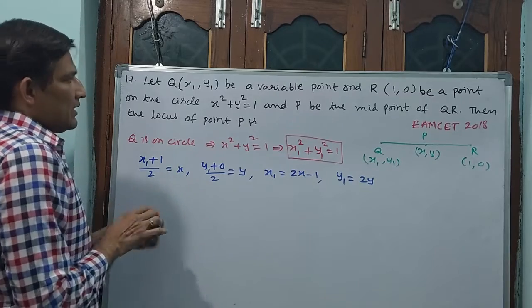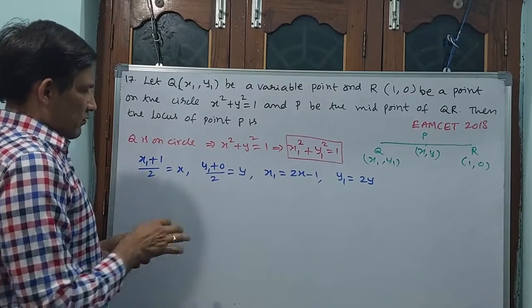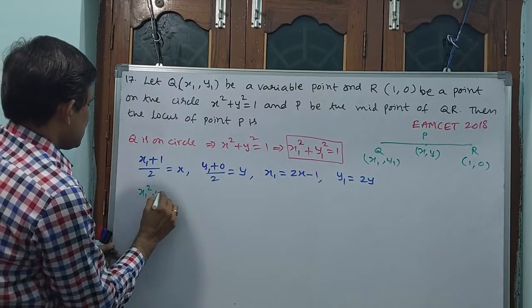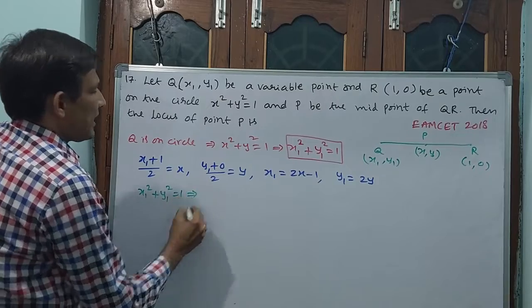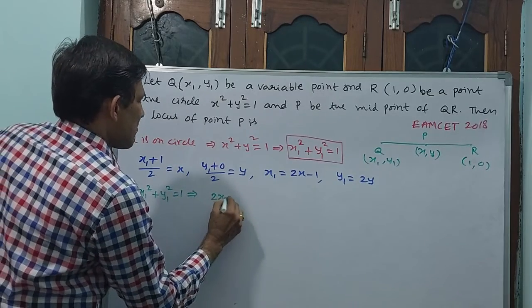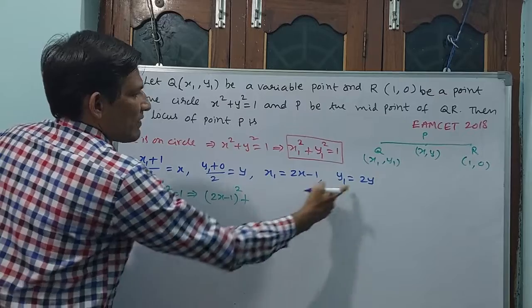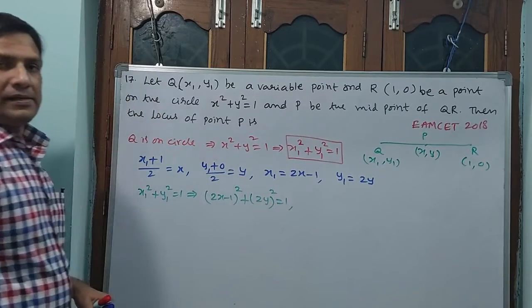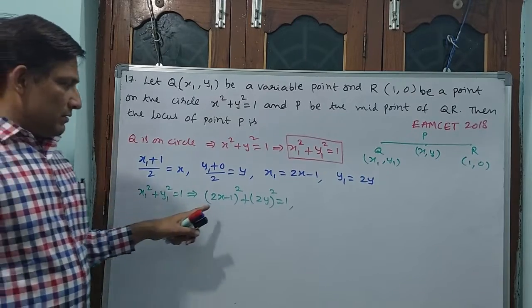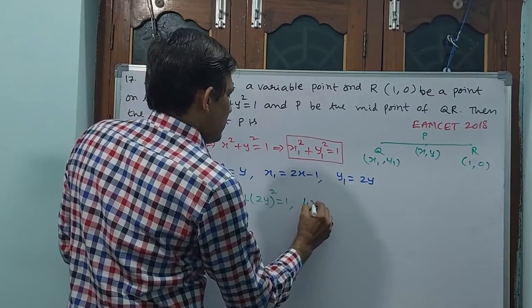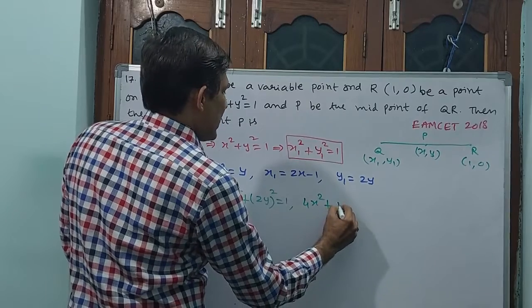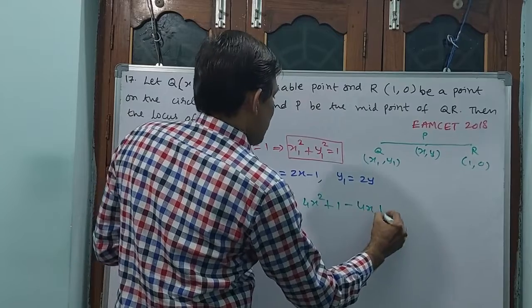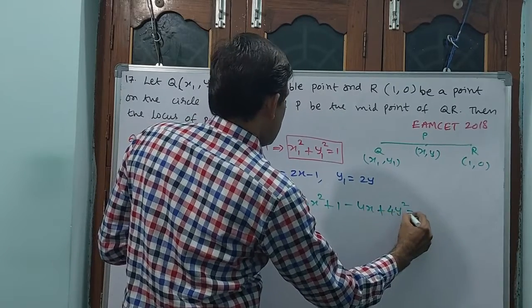Once again you write, see what I am writing: x1 square plus y1 square is equal to 1. This implies x1 is 2x minus 1, square, plus y1 is 2y, whole square, is equal to 1. Proceed. a square 4x square, plus b square 1, minus 2ab, 2 into 2, 4x, plus b square 4y square is equal to 1.